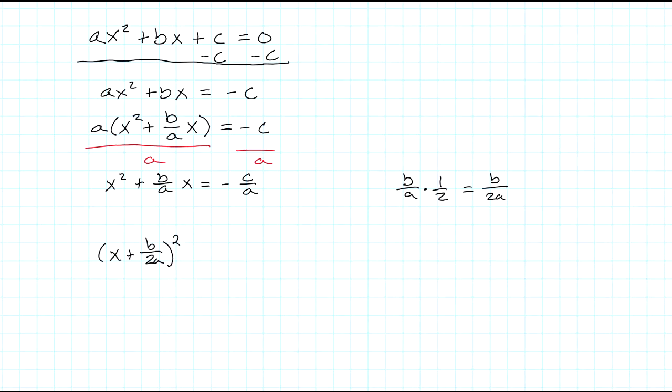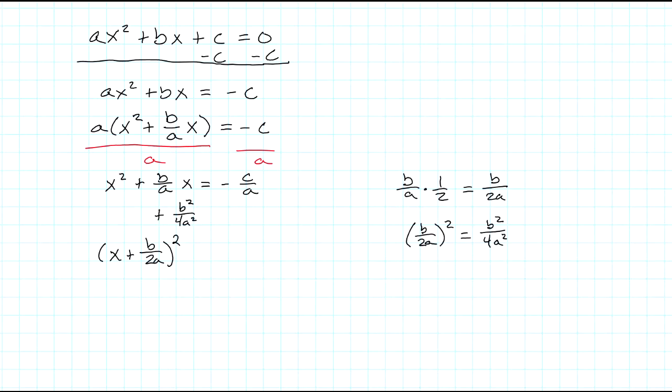And when I square that out, if we FOIL this, it's going to give us an extra term of b over 2a, we want to square this whole thing. This is b squared over 4a squared when I square everything there. So we're adding a b squared over 4a squared.